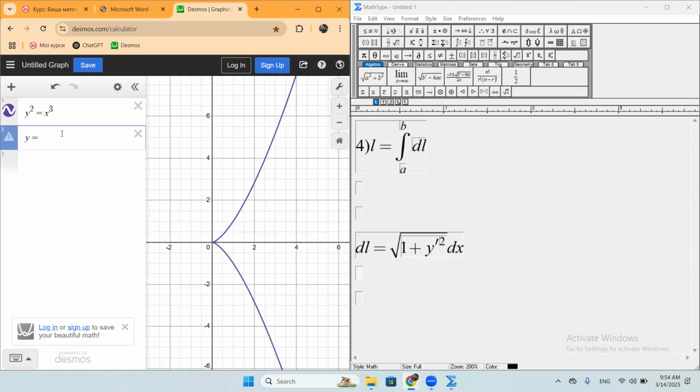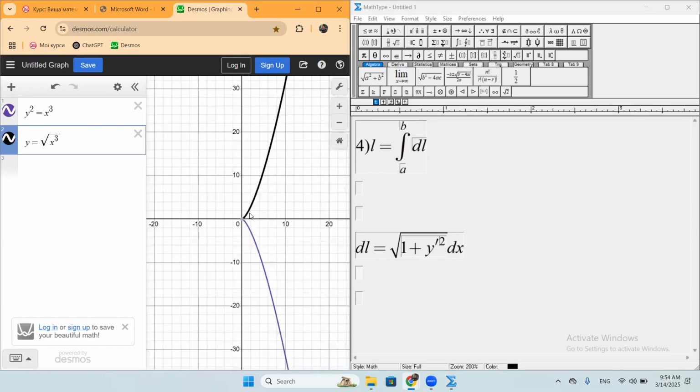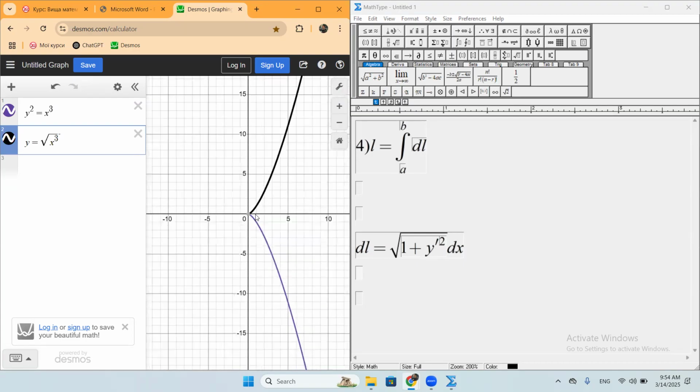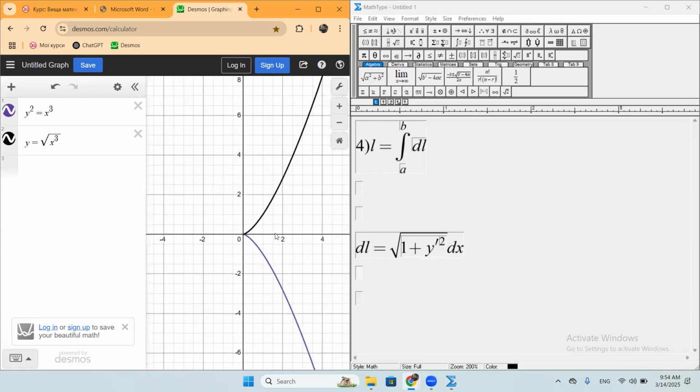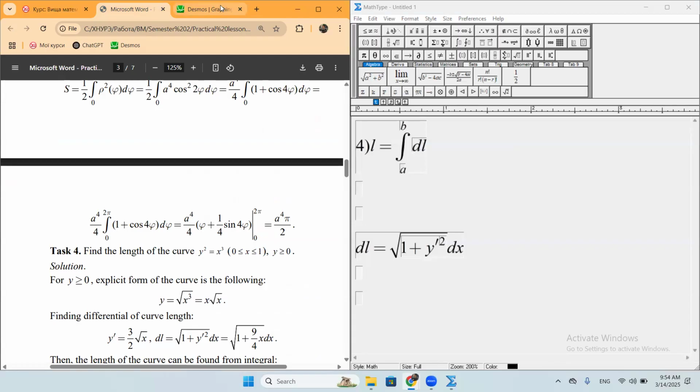And if I plot, for example, square root of x cubed, I have only this half of such a figure. I don't remember how it is called, but it is a case of a cubic or something like that. And we take corresponding values of x from 0 to 1.